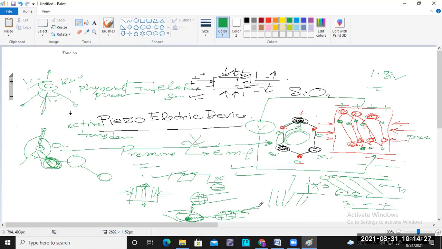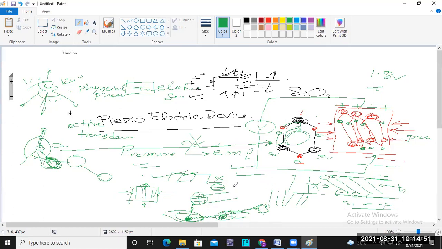And as per this detection, because there is an array of piezoelectric devices, only some of the piezoelectric crystals will catch this reflected ultrasound wave, and others will not be able to catch this. And as per this detection, it makes an image. This image is called ultrasonography.